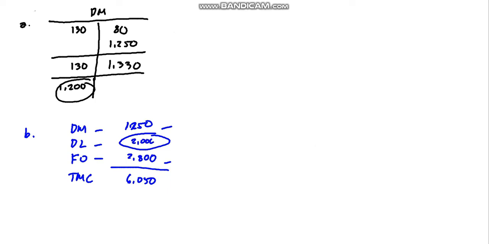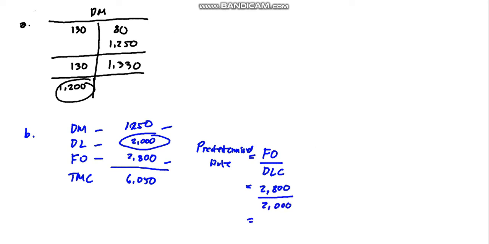So since the predetermined rate is FO over direct labor cost for this one, that's 2,800 over 2,000, and therefore the predetermined rate is how much?